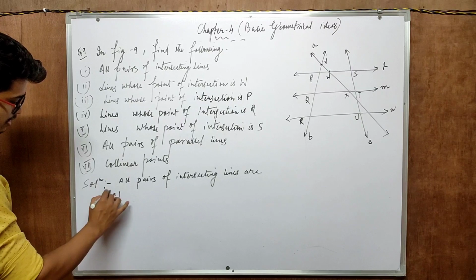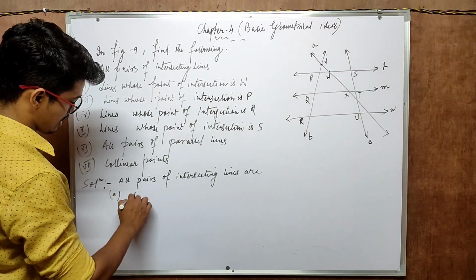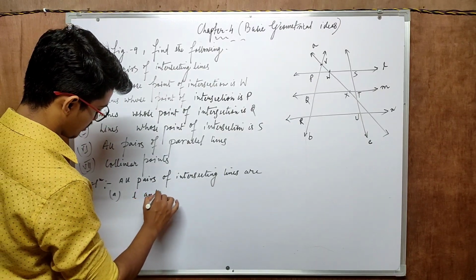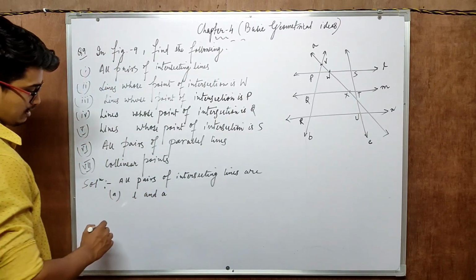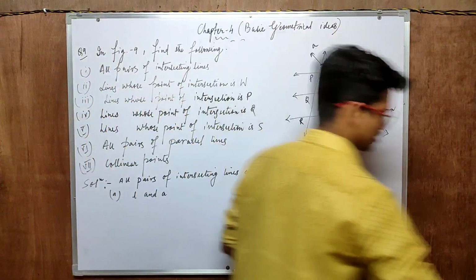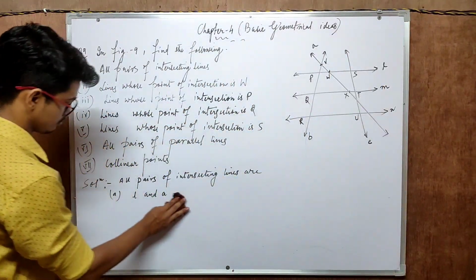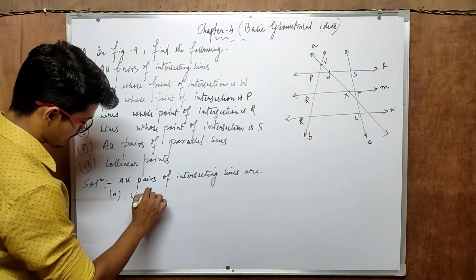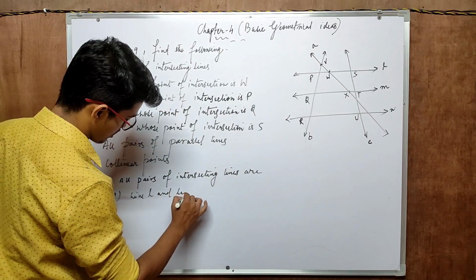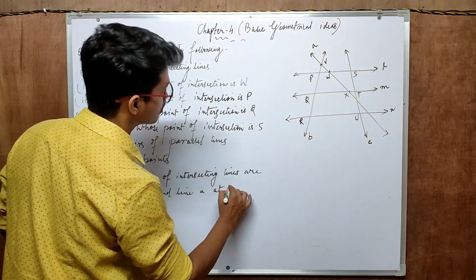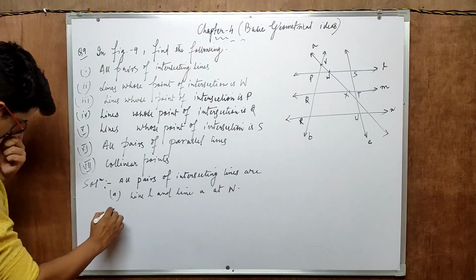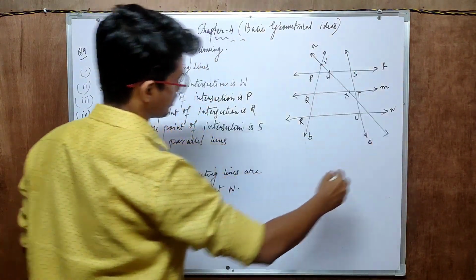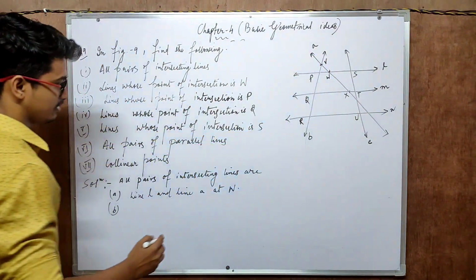The first pair is L and A. Line L and line A at W. That is the first one. Another one will be B and A, which intersect at V.